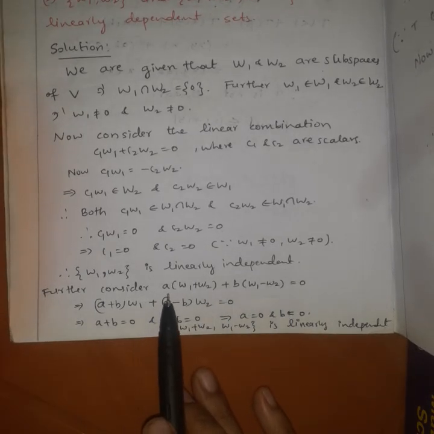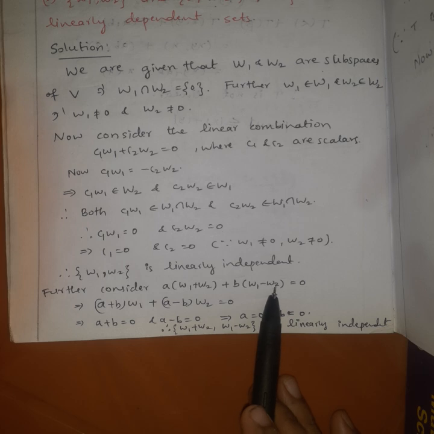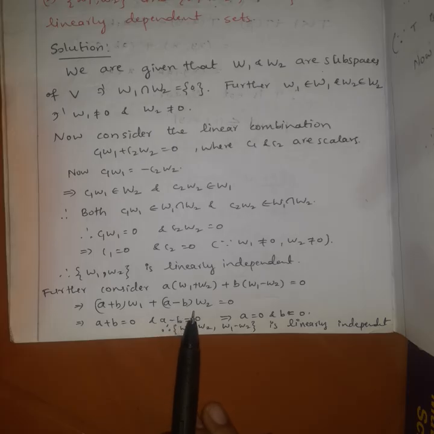Next, consider the linear relation a(w1 plus w2) plus b(w1 minus w2) equal to 0, where a and b are scalars. So this implies (a plus b) w1 plus (a minus b) w2 equal to 0. Since w1 and w2 are linearly independent, we must have a plus b equal to 0, a minus b equal to 0.